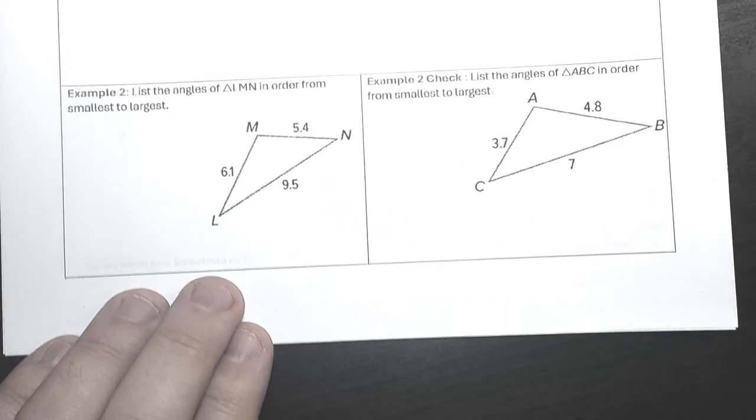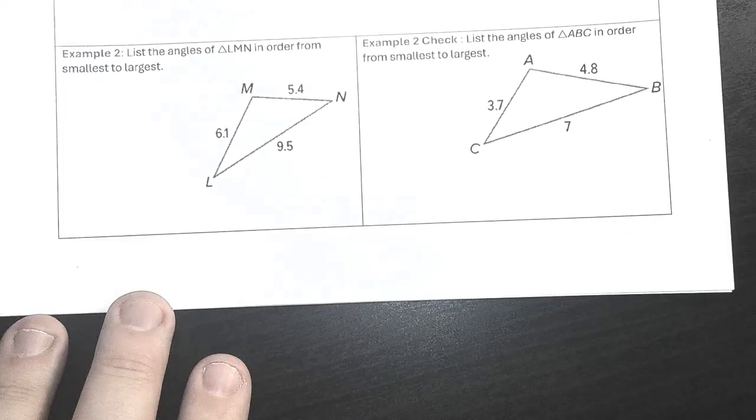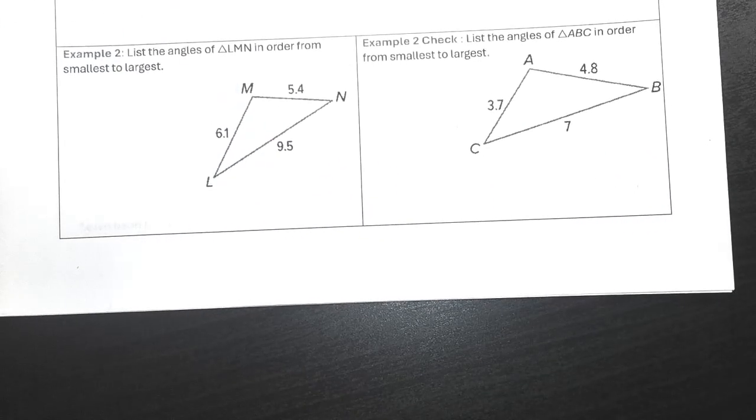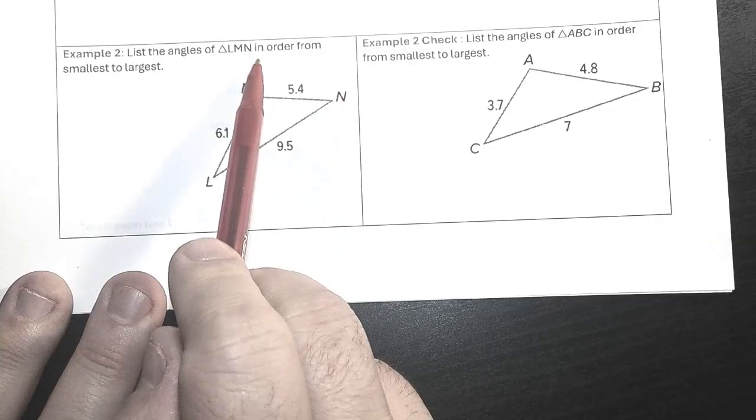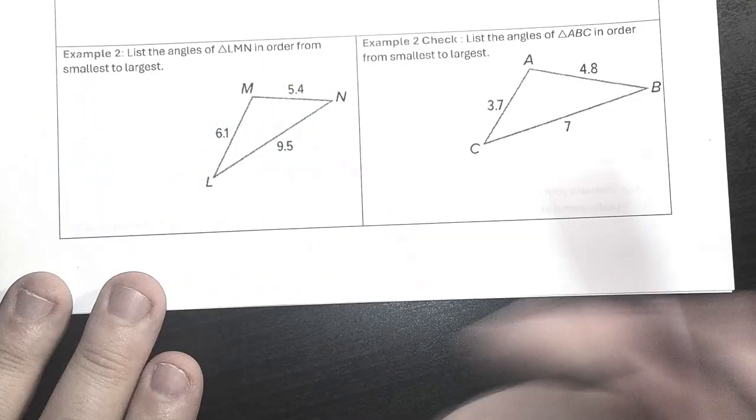So let's go to example 2. This says list the angles of LMN in order from smallest to greatest.